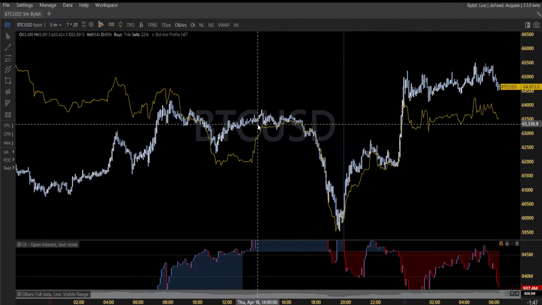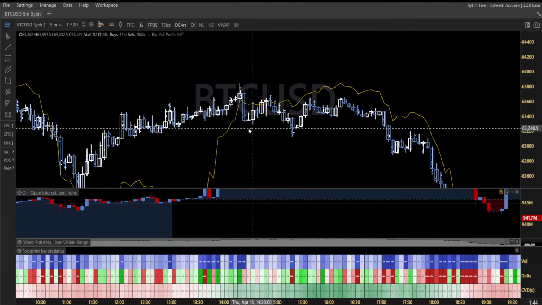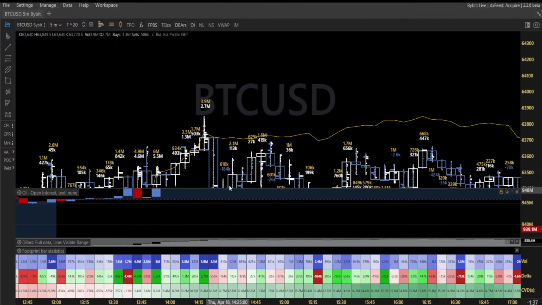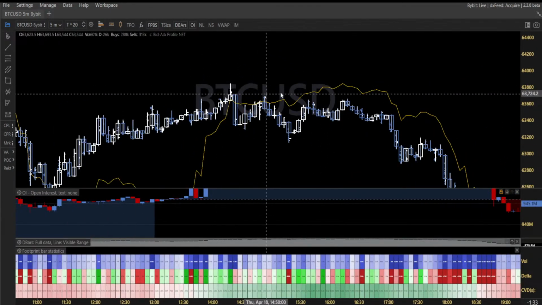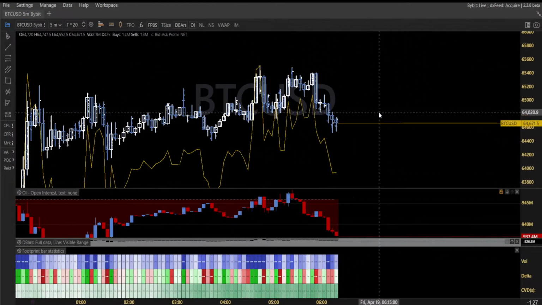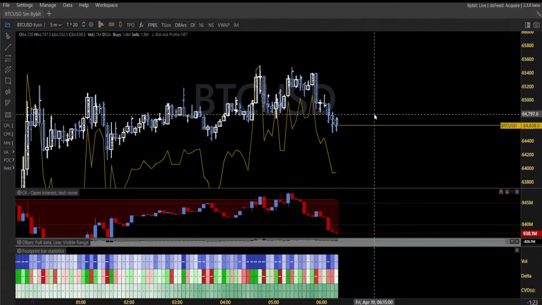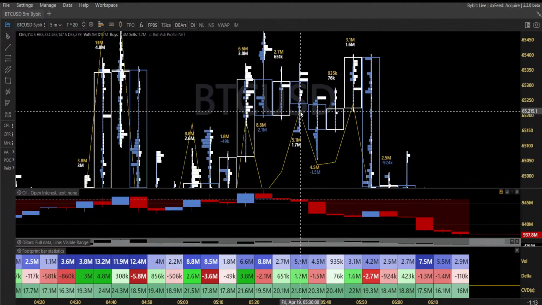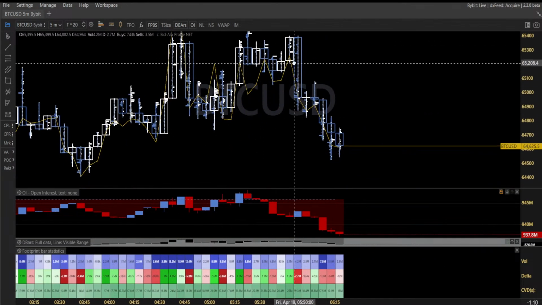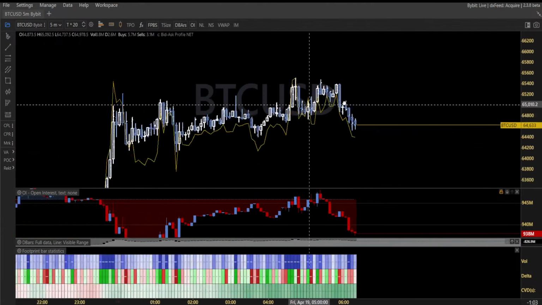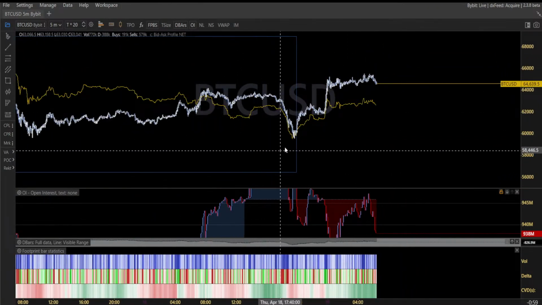But interesting to see some of this aggressive buying pressure here coming in before the sell-off. 4.6 million decrease in open interest, 5.5 million, 2.7 million, some ranging, some bearish divergences into the sell-off. I mean, order flow is pretty uninspiring at these highs, I would say. Especially after such a strong move up.